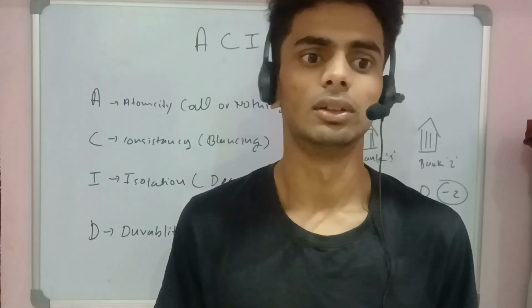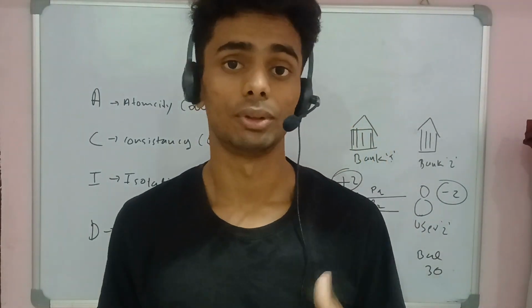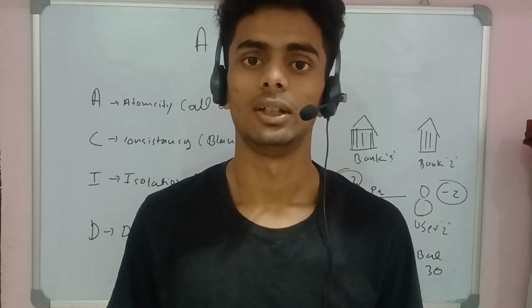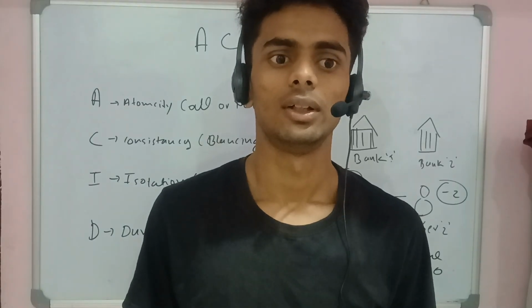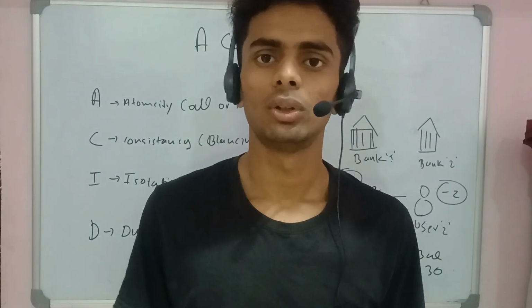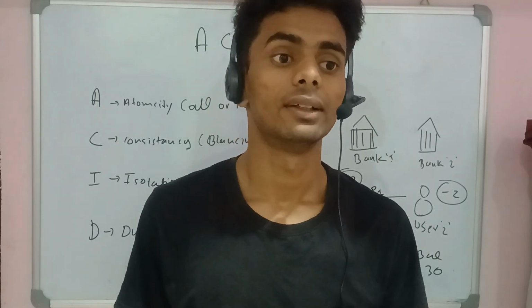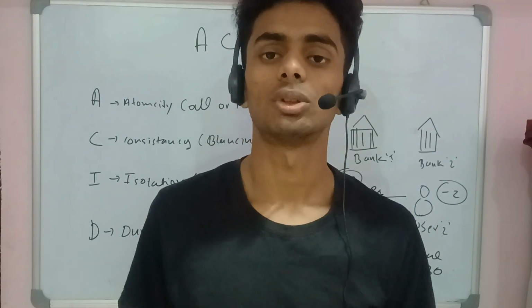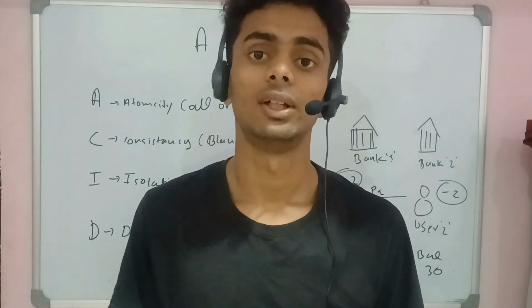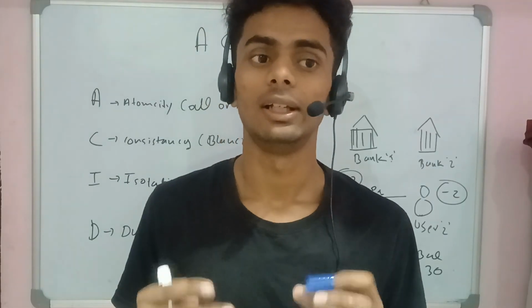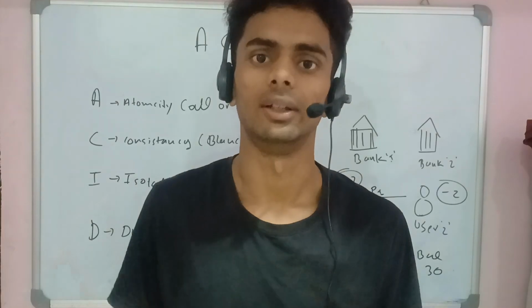You are person A and the second one is person B, and person B demanded 20 rupees. In that transaction, the strict rule is atomicity: you send either the total 20 rupees or nothing.